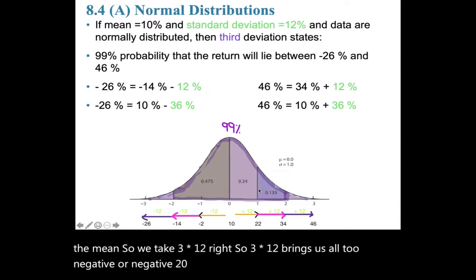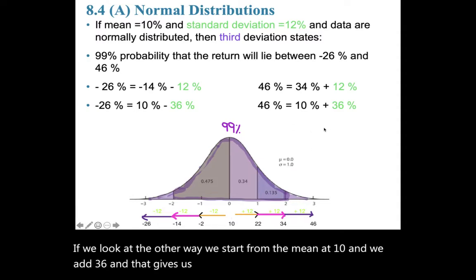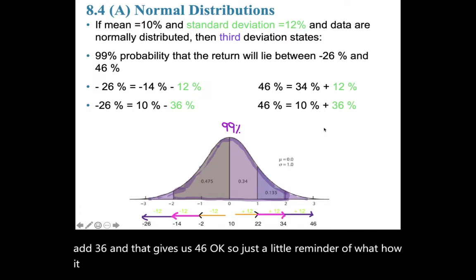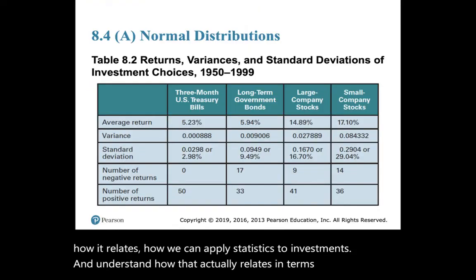If we look at it the other way, we start from the mean at 10% and we add 36, and that gives us 46. Okay, so just a little reminder of how we can apply statistics to investments and understand how that actually relates in terms of our probabilities.